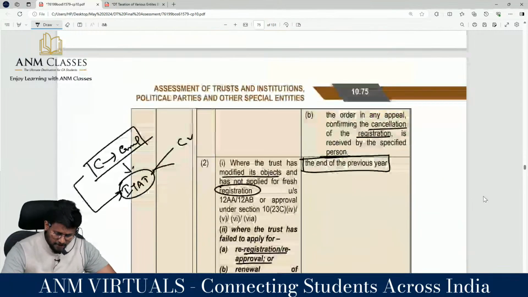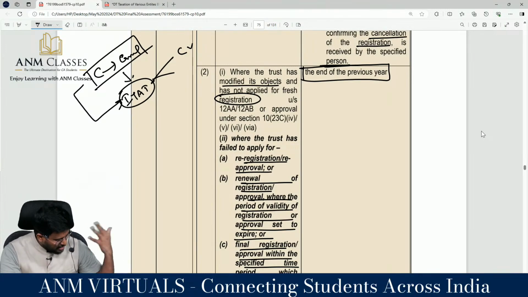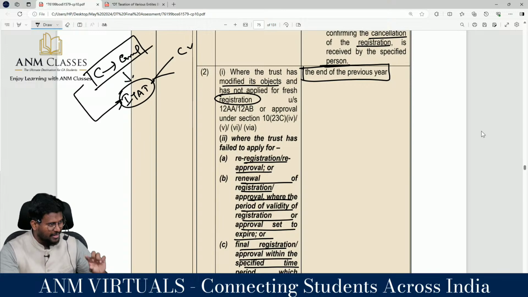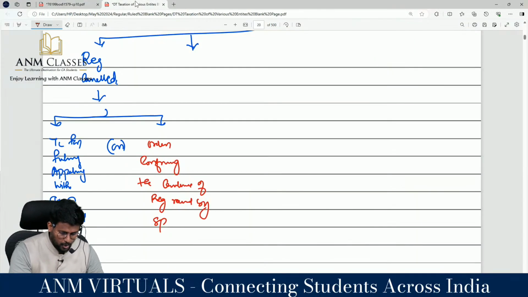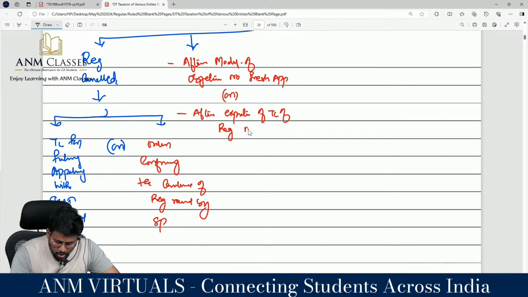Second circumstance: either the object of the trust was modified and there is no reapplication, or the original time limit has expired with no registration or reapproval. So: after modification of the object, no fresh application, or after expiry of the time limit of registration, no registration or approval.